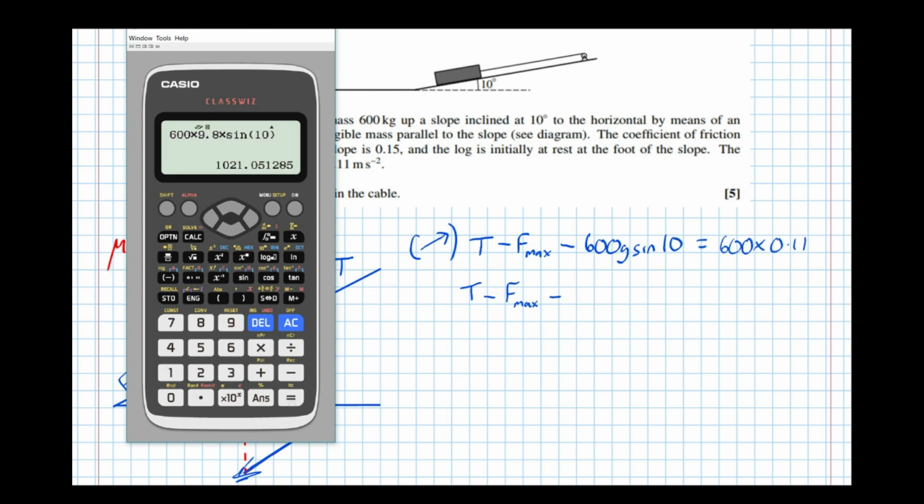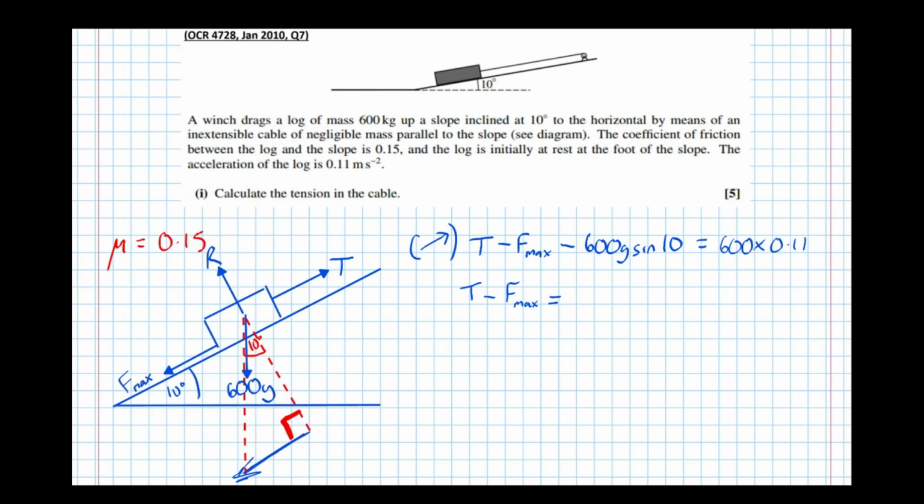And if we take that over the other side, 600 times 0.11, add that, so add 600 g sine 10 equals 1087.05. Okay, so we've done all we can with that equation now.